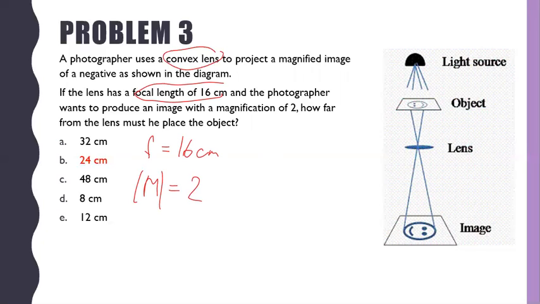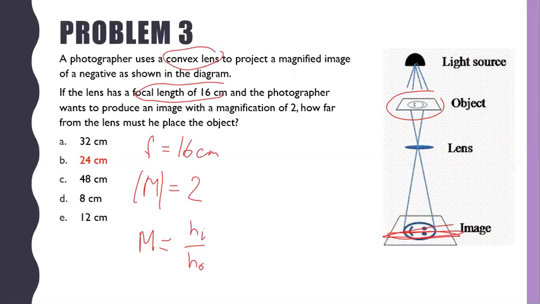But is it positive or negative? Well, since I want it on this screen, that means I want a real image. And real images are inverted. And if you look at it carefully, you can see that the happy face got inverted. And inverted have negative magnification. Take a look. Magnification is HI over HO.